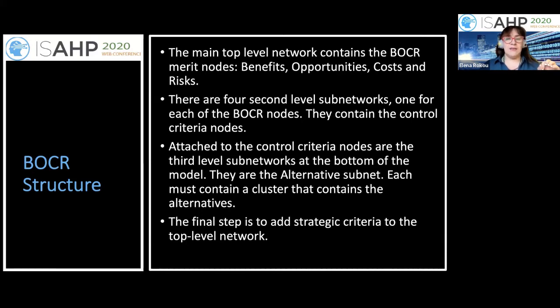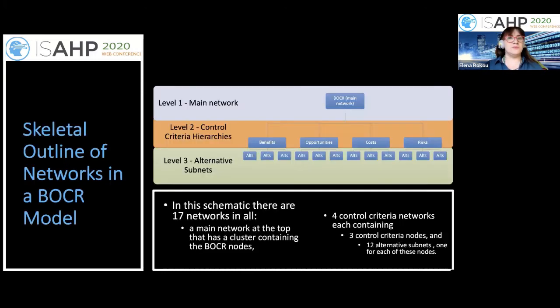And the final step, or sometimes if you prefer the first step, is to add the strategic criteria to the top level network. A model like that would look something like this: the BOCR main network is our first level. In our second level, we have the control criteria hierarchies with benefits, opportunities, costs, and risks. And in the third level, we have the alternative subnets.